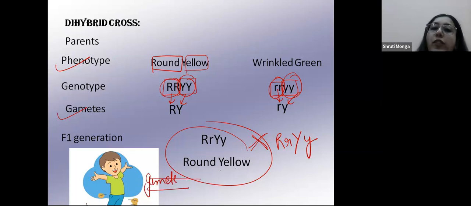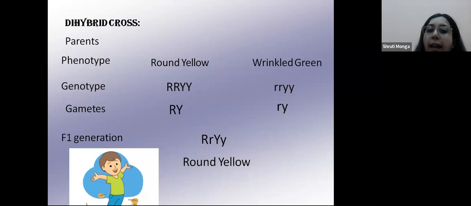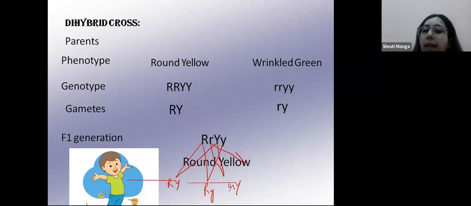So for formation of gametes, how did I tell you to form them? I told you that you will multiply capital R by capital Y first, then capital R with small y, multiply small r by capital Y, and then small r by small y.